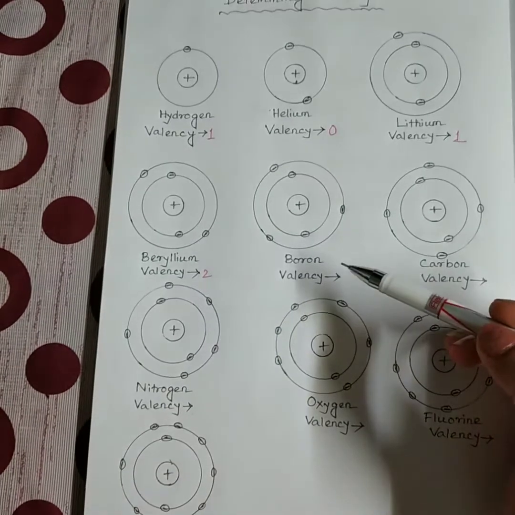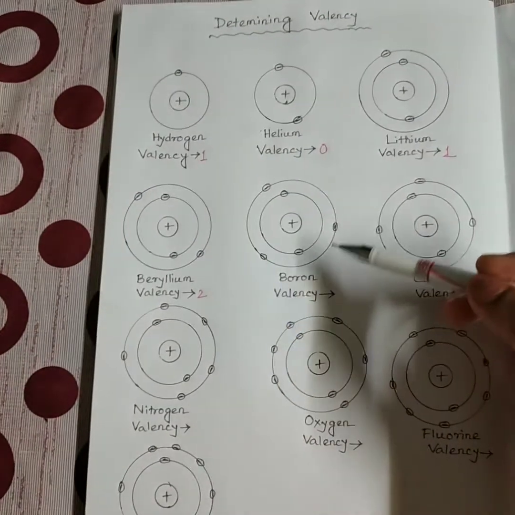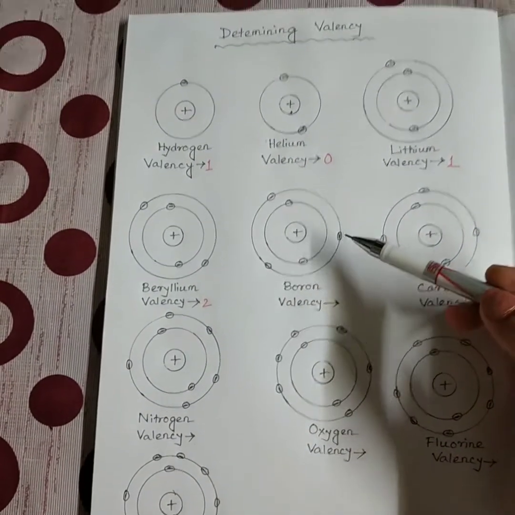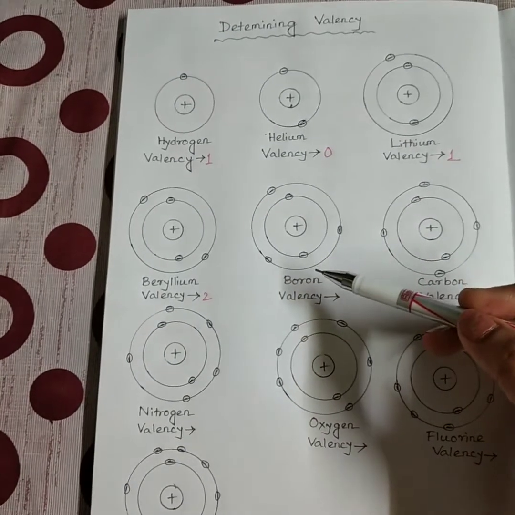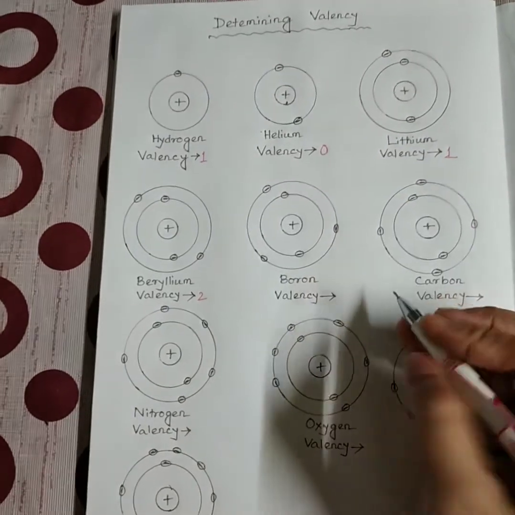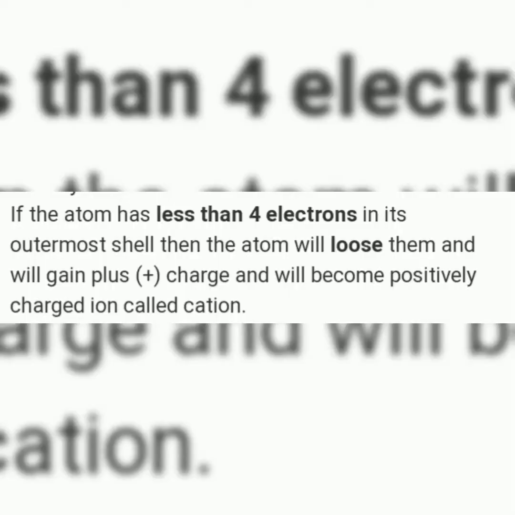Like this, in the boron atom, the number of electrons in the outermost shell is 3. So if it loses these 3 electrons, then it can attain the nearest inert gas configuration. If an atom has less than 4 valence electrons in its outermost shell, then the atom will lose them and will gain a plus charge and will become a positively charged ion called a cation.